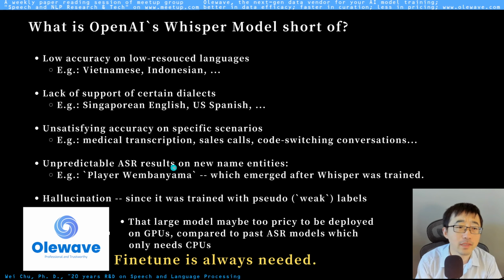The next one is unpredictable ASR results on new named entities. Webmayama is all over the place, right? But it emerged after Whisper was trained, and there are also lots of new business entity names. Whisper won't be able to get those words recognized correctly and reliably. Okay, you may say, the Whisper model is trained with word pieces, it should be able to get Webmayama correctly.